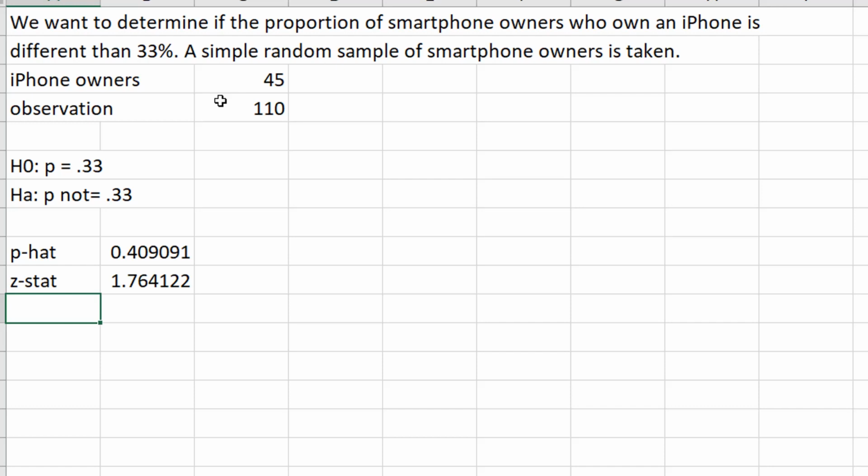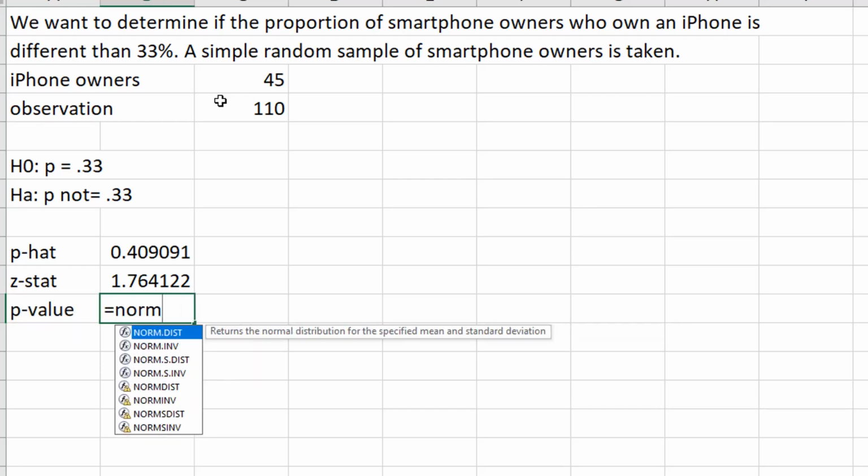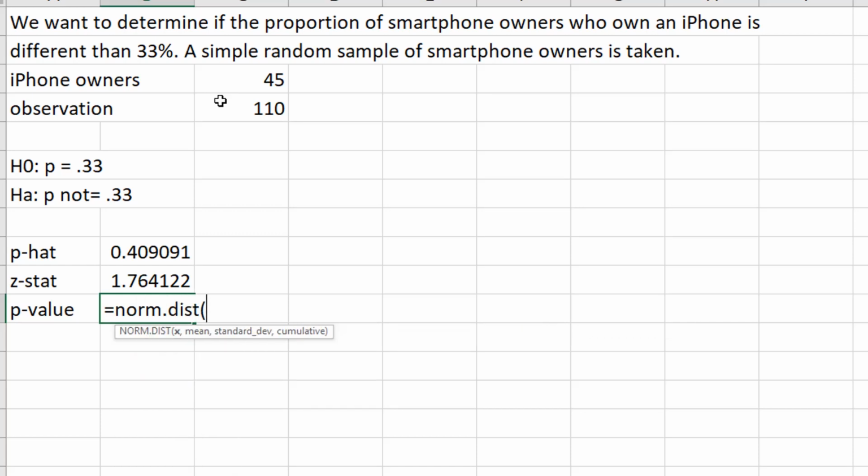So for my p-value, I'm going to calculate NORM.DIST. If I take the negative of the z statistic, that will find the probability in the lower tail. Then I give it a mean of 0 and a standard deviation of 1, and say true for cumulative.